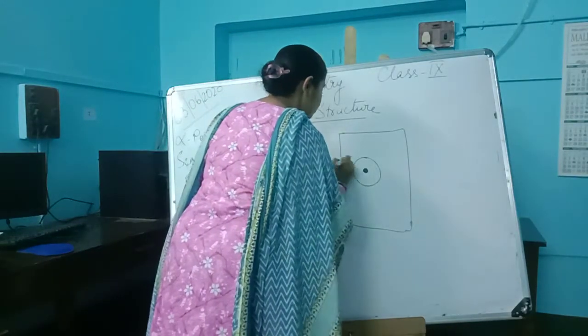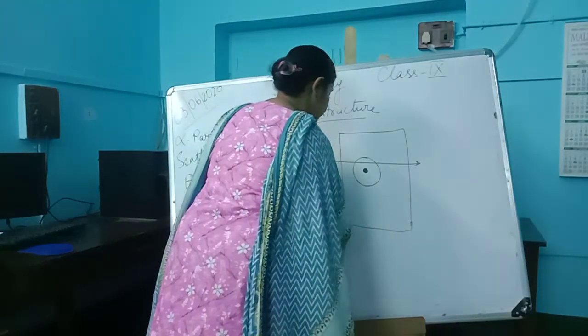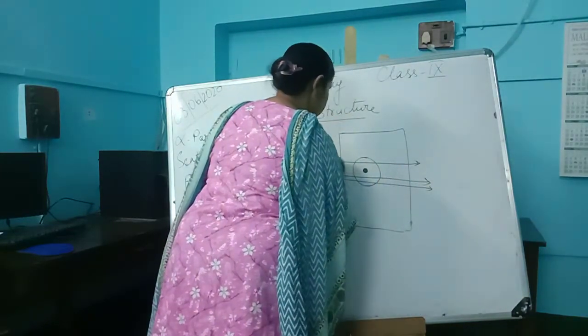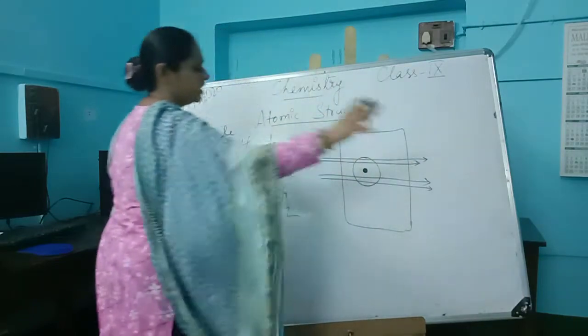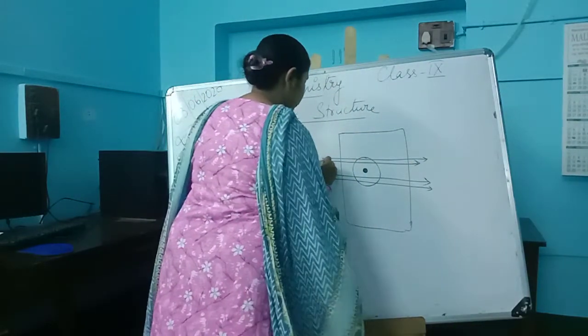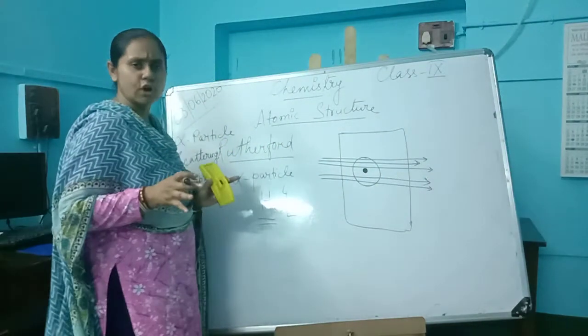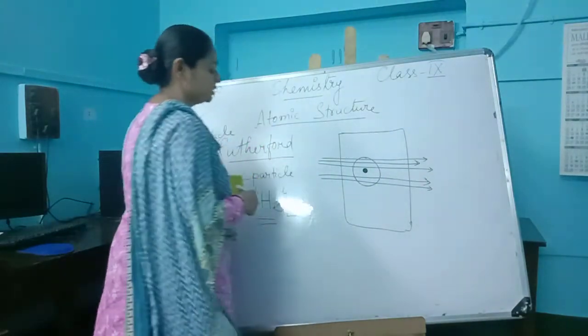He saw that most of the alpha rays passed through the space very clearly, very neat and clean. They got passed through the entire foil.